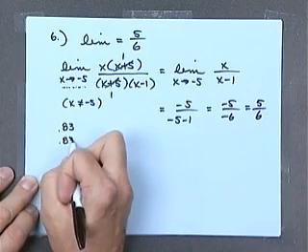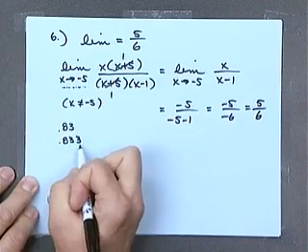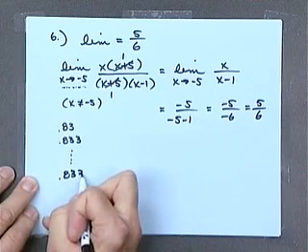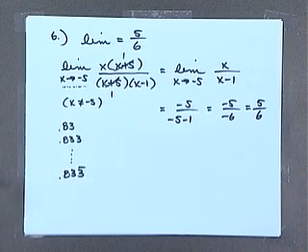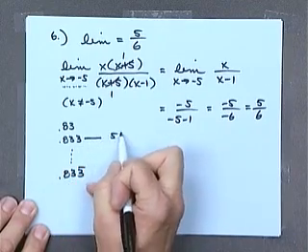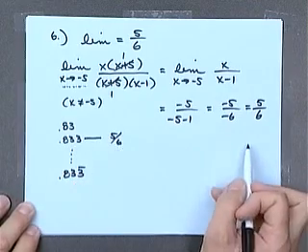Some of you had 0.833. That is also not 5/6. So it actually goes beyond that. It goes to 0.833 with the 3 repeating. And that's a subtle difference between this answer and 5/6. These are not equal. The limit is 5/6.